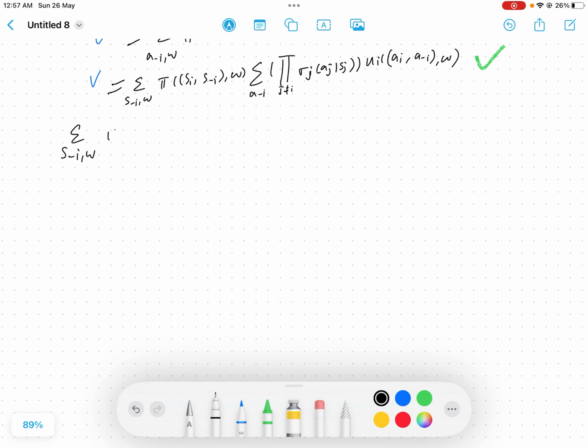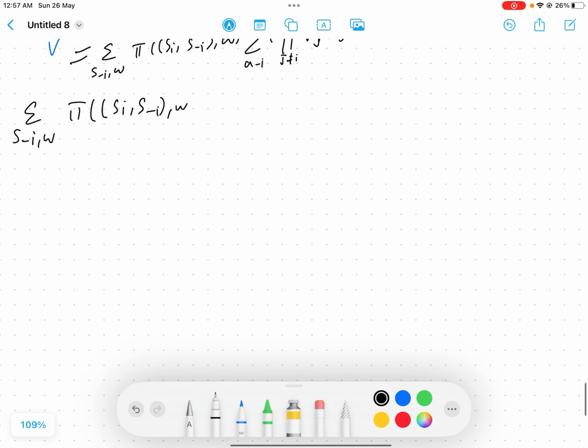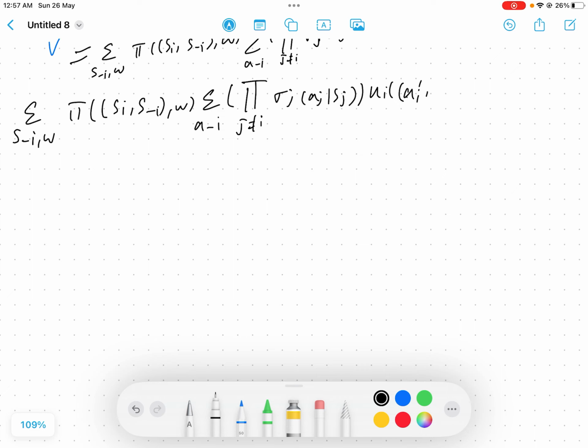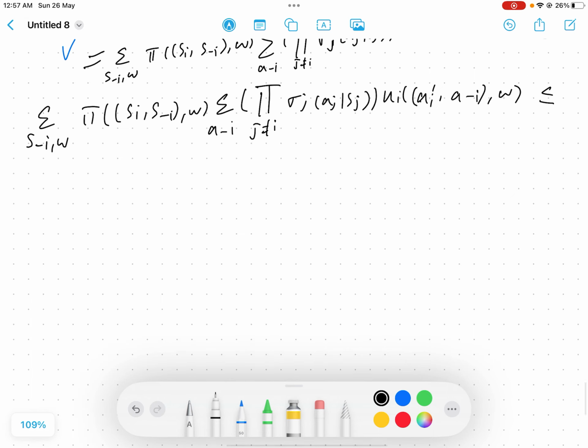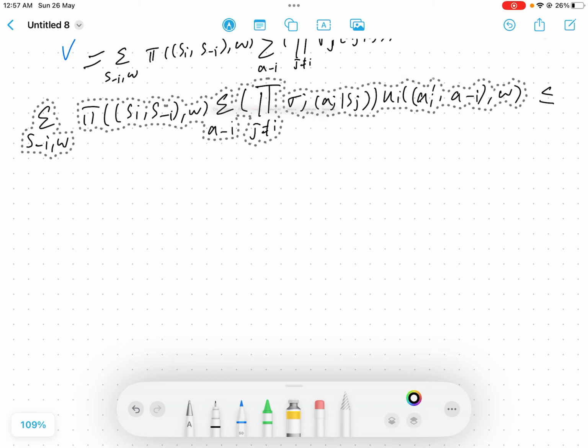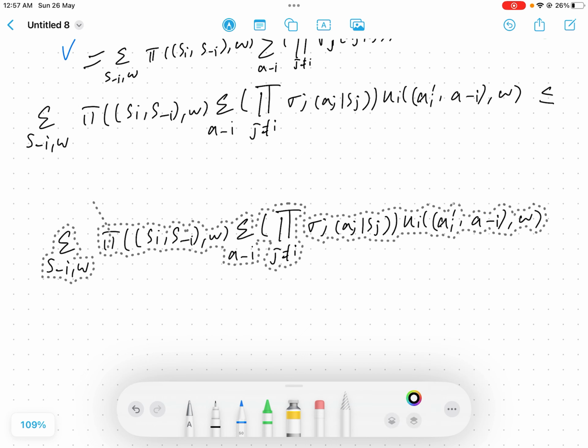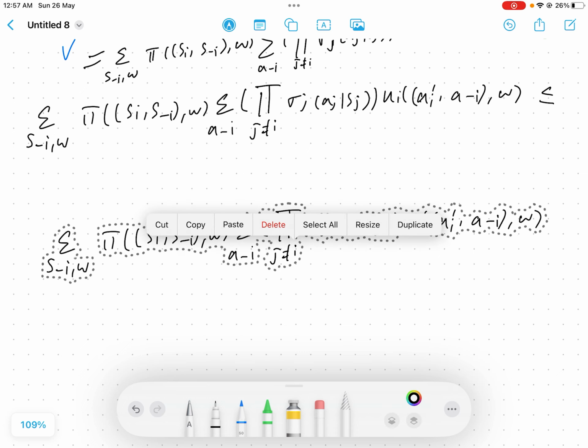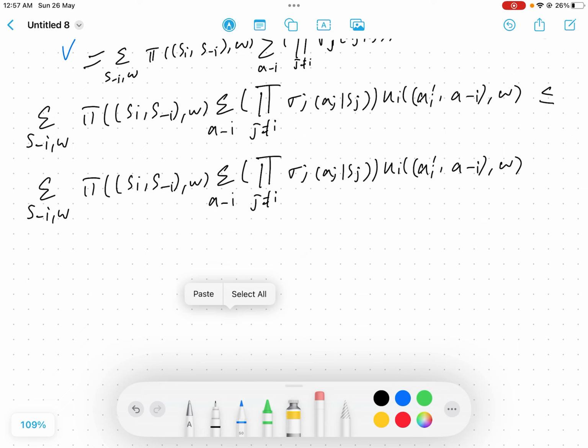The summation over s_{-i}, omega, pi(s_i, s_{-i}, omega), summation over a_{-i}, the product over j of sigma_j(a_j | s_j), u_i(a_i', a_{-i}, omega) is less than or equal to the same, but erasing the prime, which has no deviation, and it has a higher utility. And we erase this.